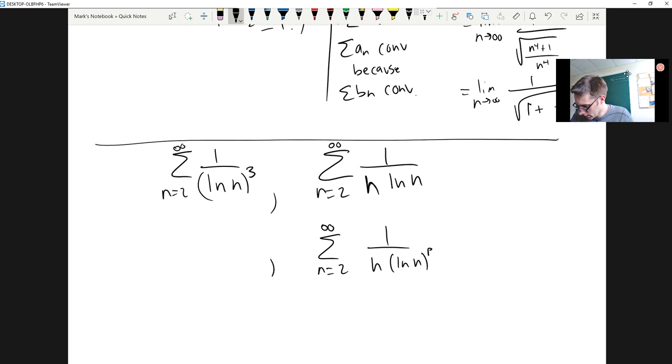And why not? Let's do one more. Let's do the sum of ln n over n to the p, where p is greater than 0 for both of these cases.